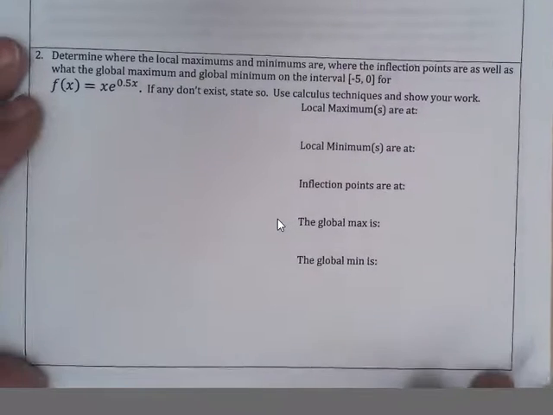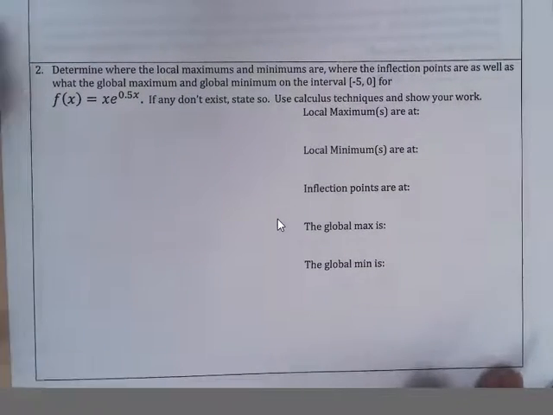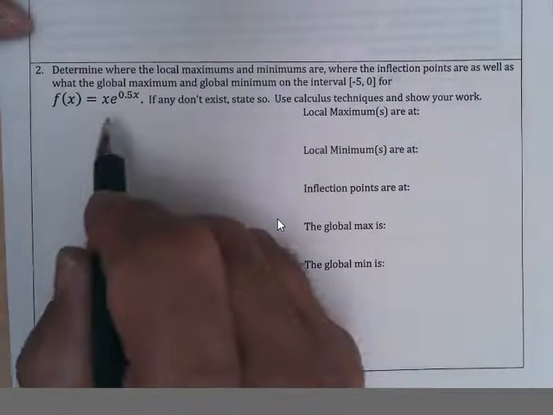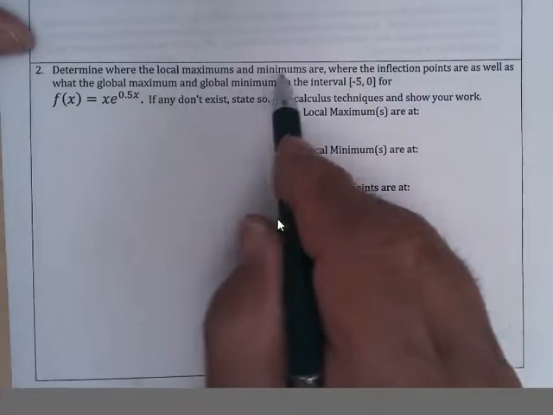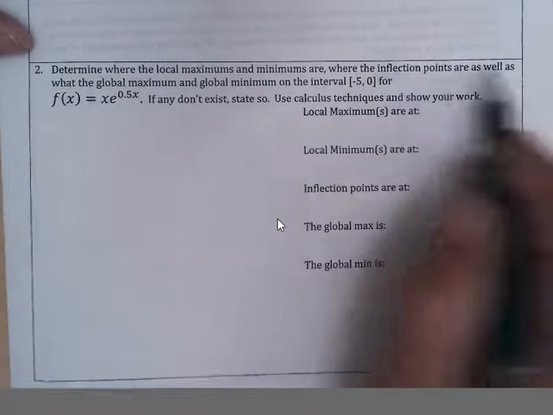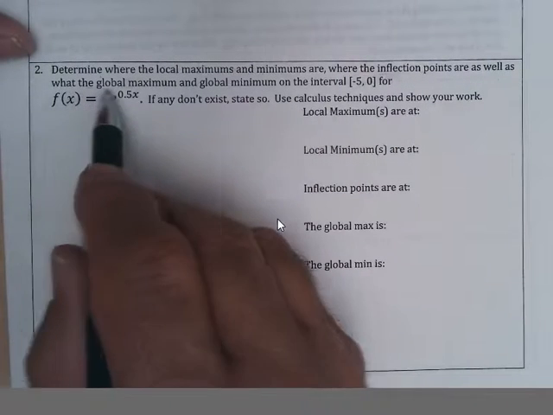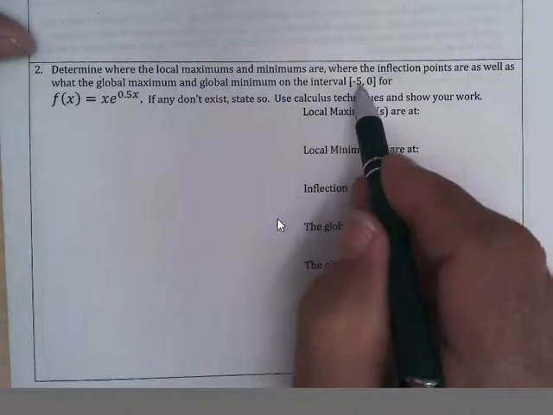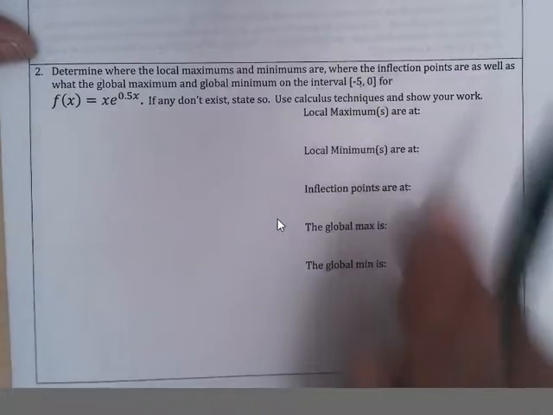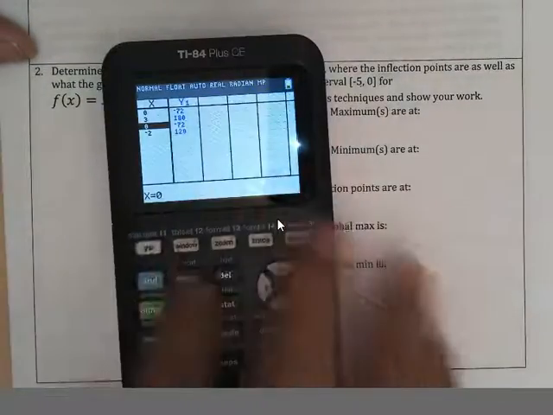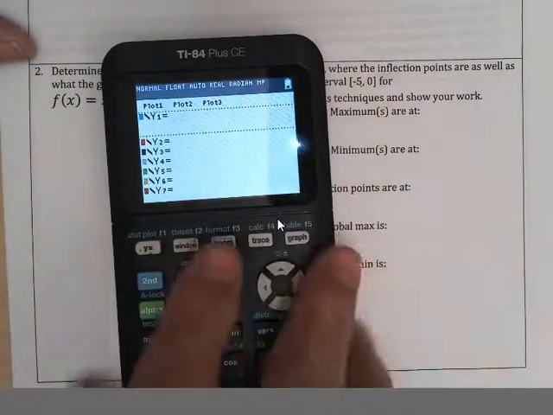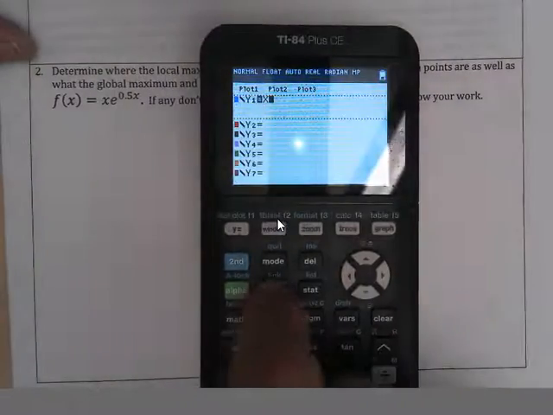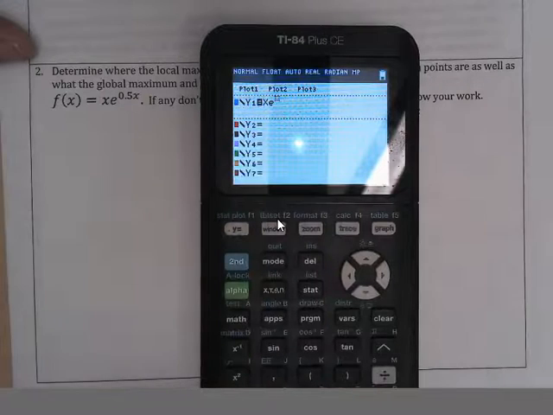Number 2. So we're to determine the local max and minimums, and the inflection points as well. And what is the global max and min on the interval from negative 5 to 0? So let's just take a look at it first. x e to the 0.5x.